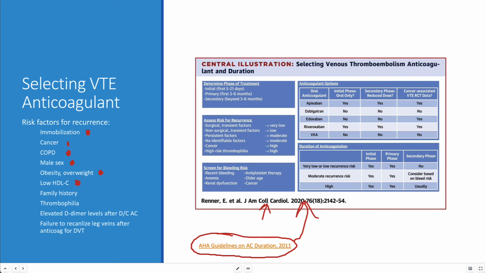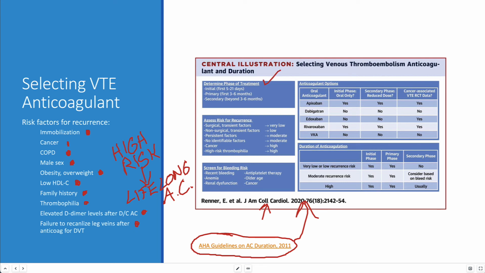Family history of VTE, thrombophilia, elevated D-dimer even after anticoagulation is discontinued, and failure to recanalize leg veins after being anticoagulated for DVT. Those are people who are at high risk and get lifelong anticoagulation. Okay? So, first we determine the phase of treatment.